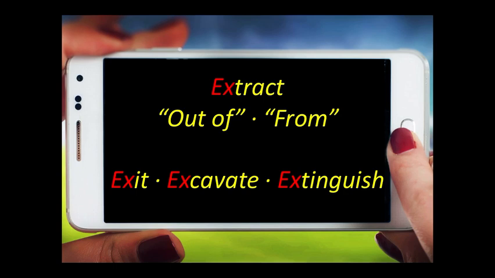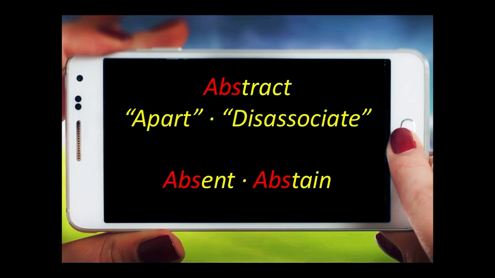I think it's good to understand the meanings of words. And a word that's kind of similar to abstract is extract. That prefix X means out of or from something, and hence we get words like exit, excavate, extinguish, right? We're pulling something out. But abstract has a different prefix.